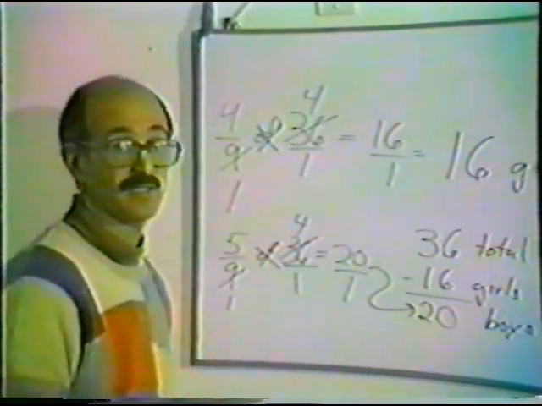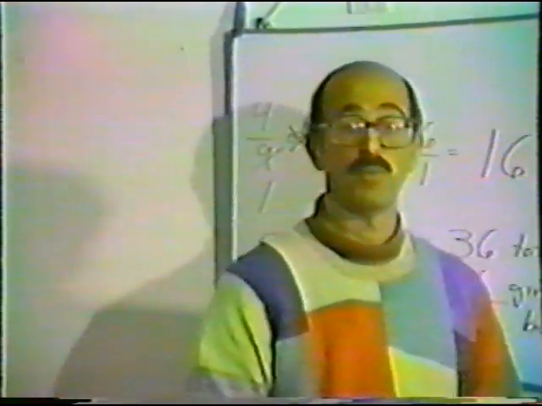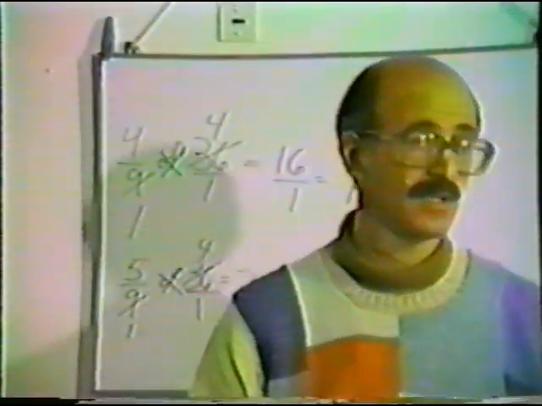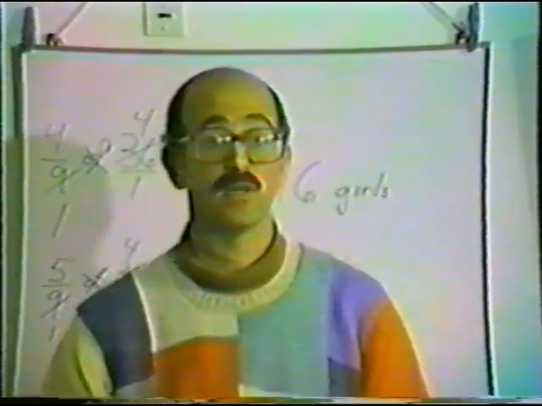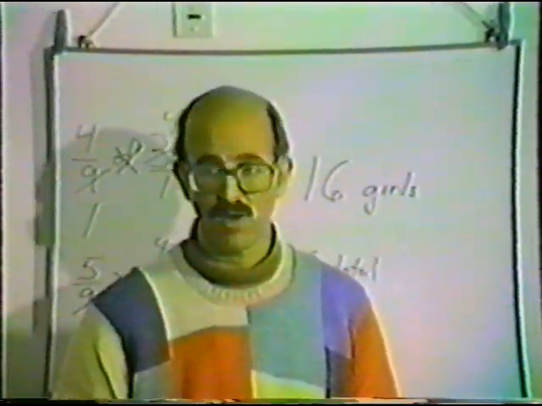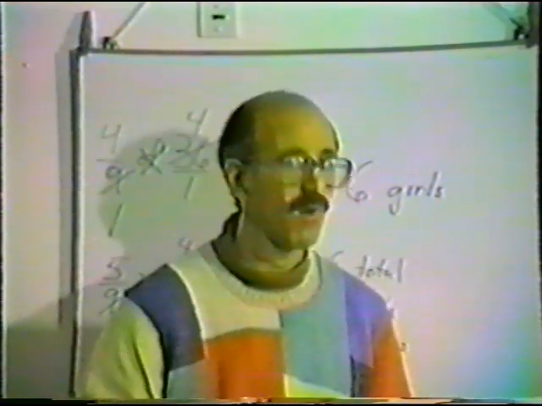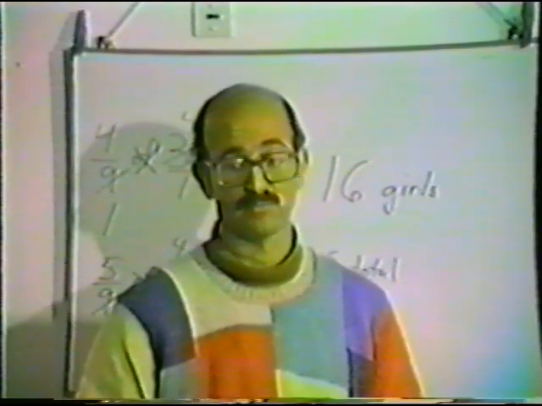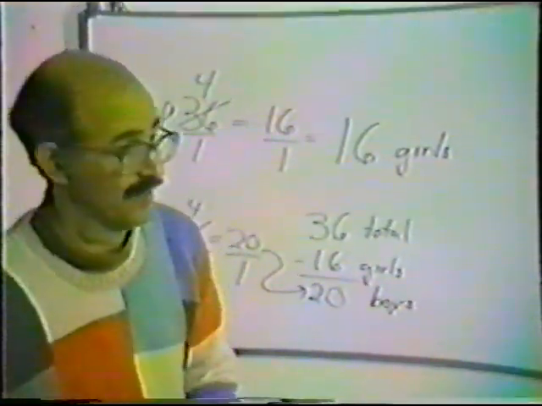We got that same answer both ways. And this problem really is uniquely a fraction problem because it talks about what fractional part, and 4/9 of them were girls. Here's another story problem.